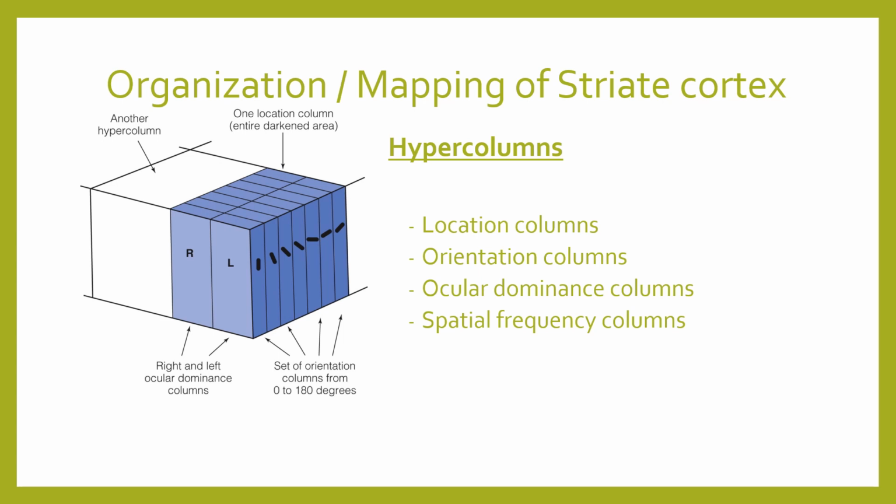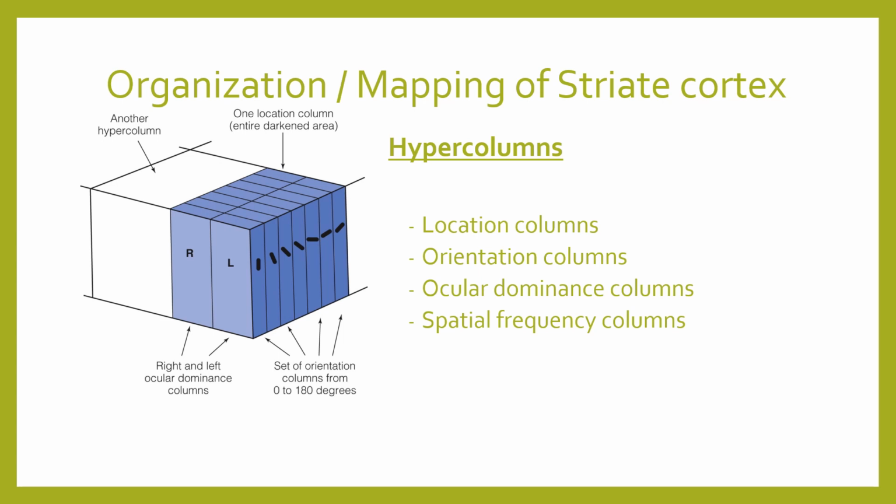And so the hypercolumns are made up of location columns, with orientation columns within that. You can see that if you think about the z-axis, they're going back that way, and we're going to have our various orientations of line, those neurons that are responding to vertical lines, oblique lines, horizontal lines at that particular location. We have those ocular dominance columns, which are labeled there as R for right and L for left.